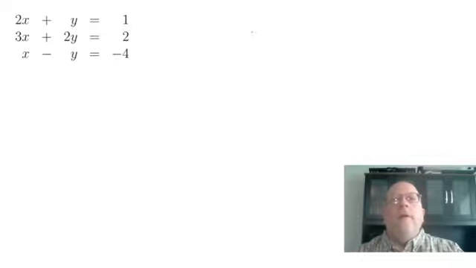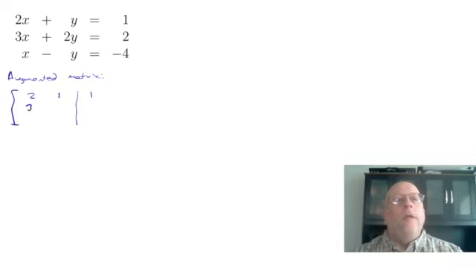All right. So our augmented matrix looks like this. 2, 1, 1, 3, 2, 2, and 1, -1, -4.